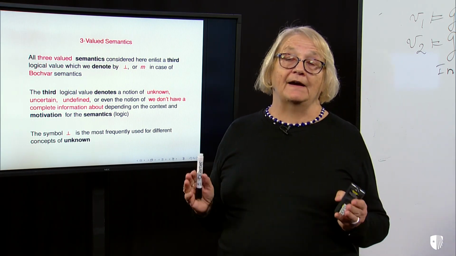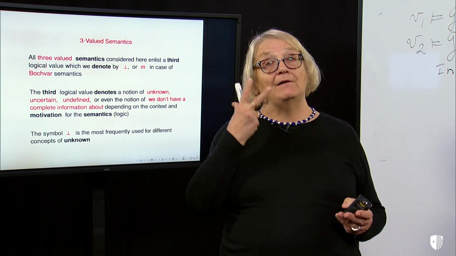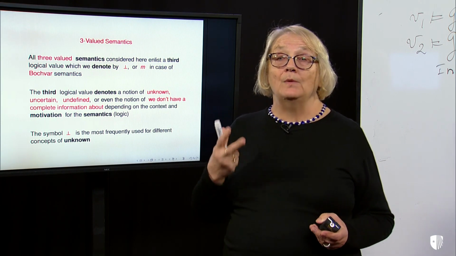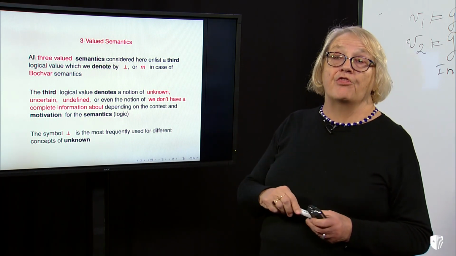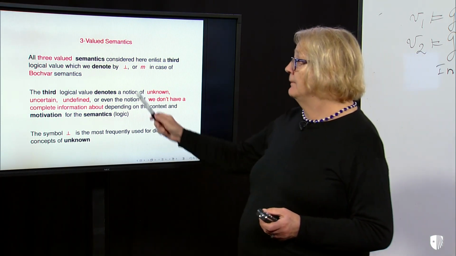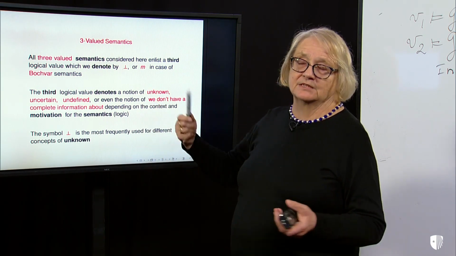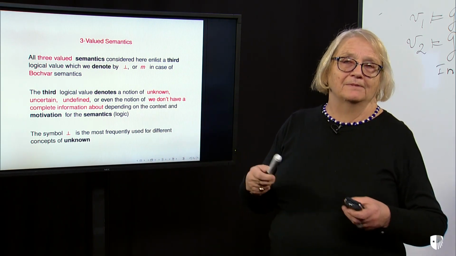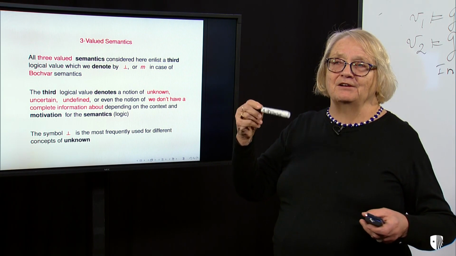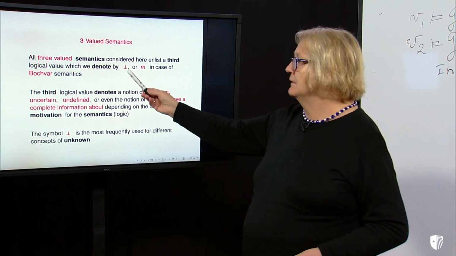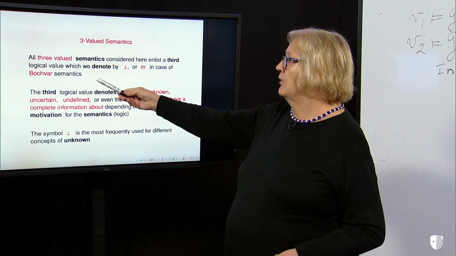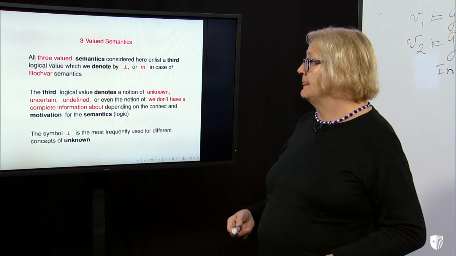And three-valued semantics have three logical values, and we denote the third logical value by unknown. You can write 1, 2, 3, and in Bochvar logic you have M.